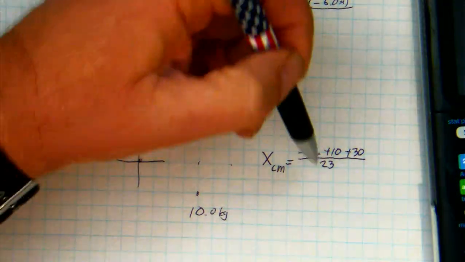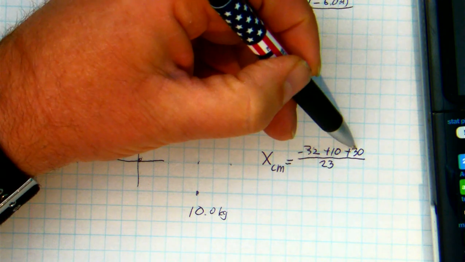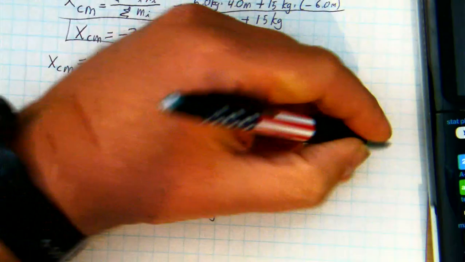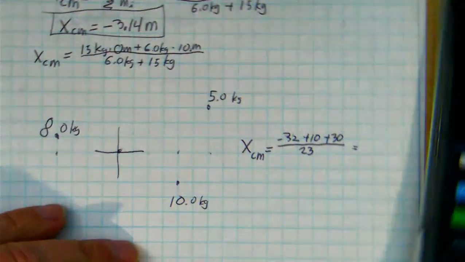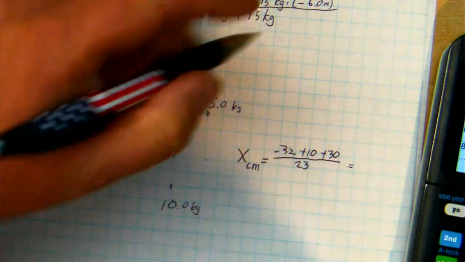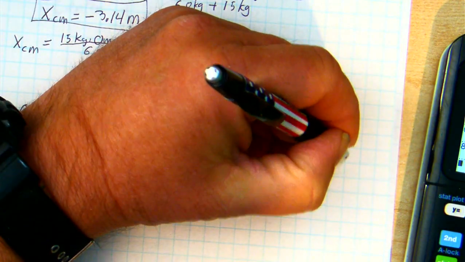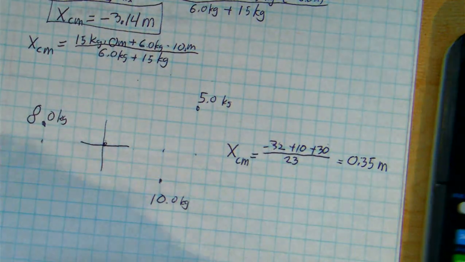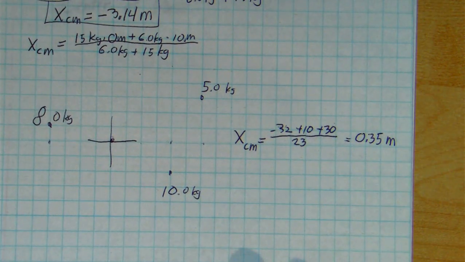So negative 32 plus 30 is negative 2. Negative 2 plus 10 is 8. So I have 8 divided by 23. 0.35-ish meters is the location of the x coordinate of the center of mass.